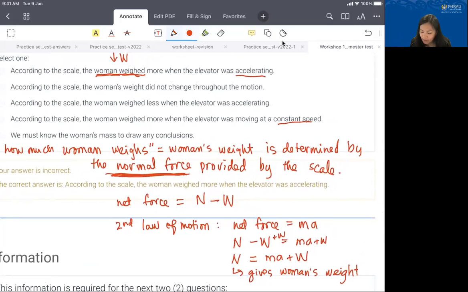When acceleration is 0, the scale gives you the actual weight of the woman, mass times gravitational acceleration, for this weight force W.